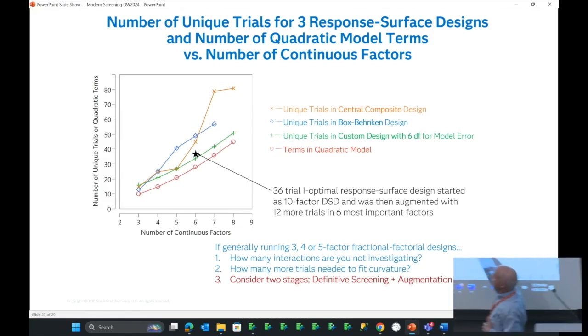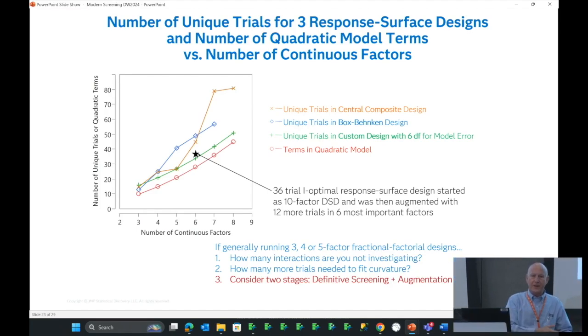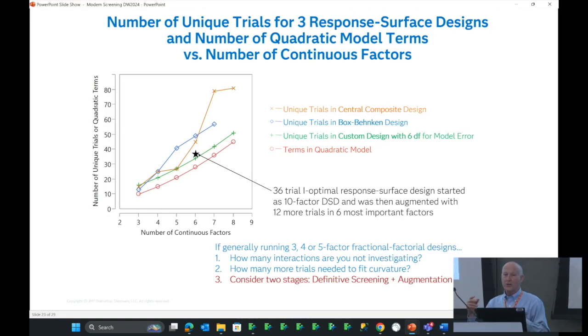I took the 10-factor DSD, took the 6 that look like they could be important, but there's not enough information to fit the 6-factor quadratic. Added on enough trials to fit that full 6-factor quadratic, and it's only 2 bigger than if I knew the right 6 to begin with. So I could do this in 2 steps, okay? And that's what we just did here.